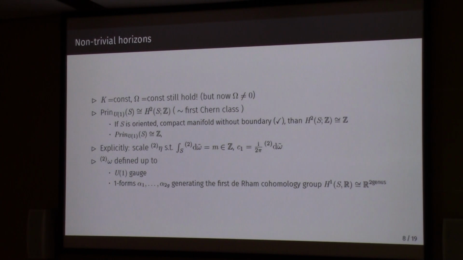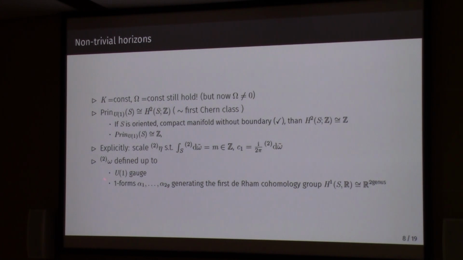And it's also a basic result that if S is oriented and compact without boundary, all of which is the case, then this group, the second cohomology group, is just the integers, so essentially our bundles are numbered by integers.